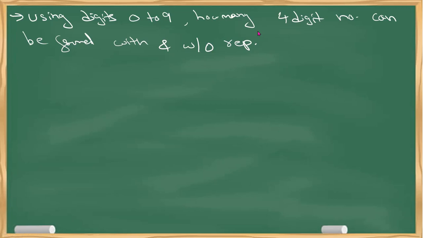So that's the question. Please try by yourself. So using these 0 to 9, how many four-digit numbers can be formed with and without repetition?